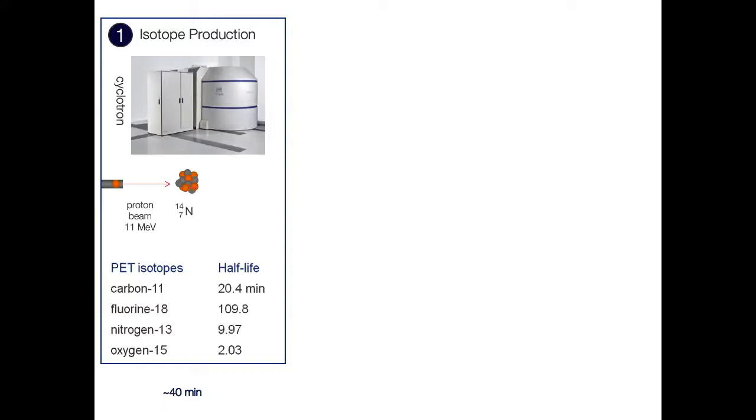So for any PET facility, you generally need to have a cyclotron either very close by or on site. And here at the Martinos Center, we do have a cyclotron that's downstairs next to the PET scanners. So basically, the majority of radiotracers are produced on site and shipped directly from the radiopharmacy to the scanner bay.